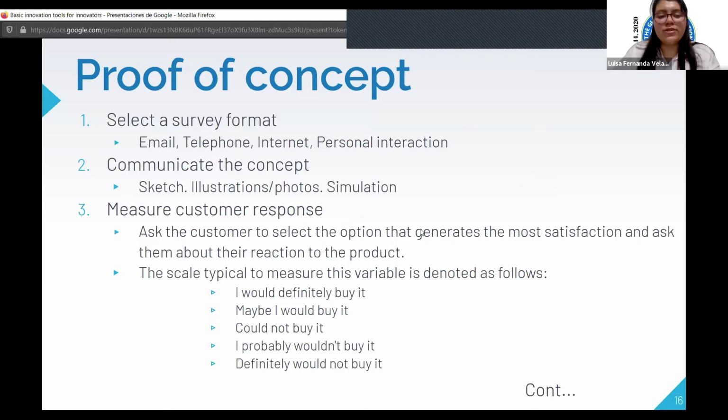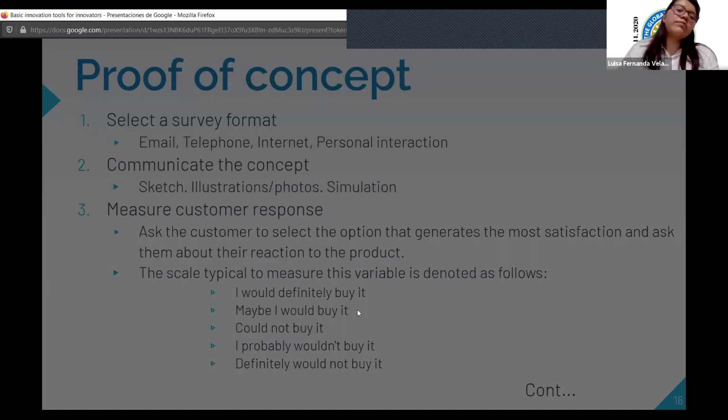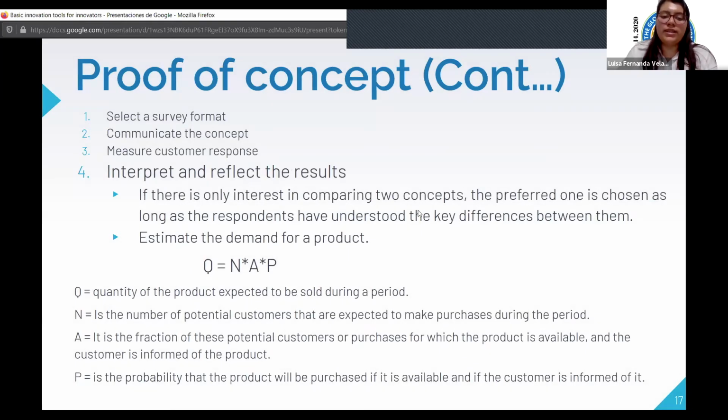For this, you can ask the customer to select their opinions that generate the most satisfaction and ask them about their reaction to the product. For this, we have a typical scale that can help you see how much satisfaction the customer feels about our concept. And after that, we need to interpret and reflect on the results. Here we have a mathematical function that can help us estimate the demand for a product.